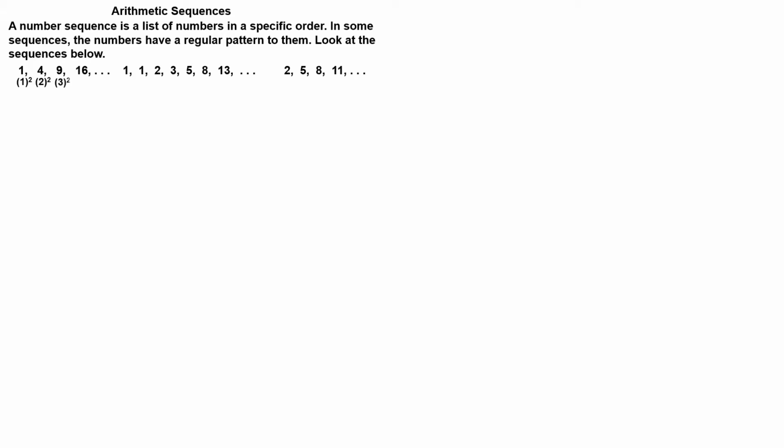In the first sequence, we can see a pattern in these numbers. These numbers are the squares of the numbers 1, 2, 3, 4. In the second sequence, each number is the sum of the two numbers that come before it.